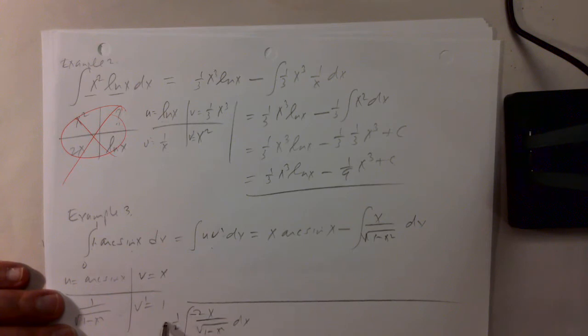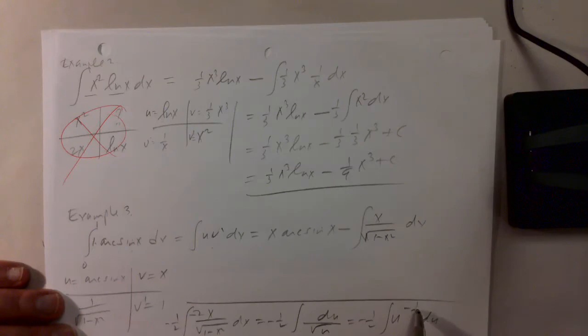Let me make this a minus and a minus. This is minus 1/2 the integral of minus 2x dx is du over square root of u. It's minus 1/2 the integral u to the minus 1/2 du.